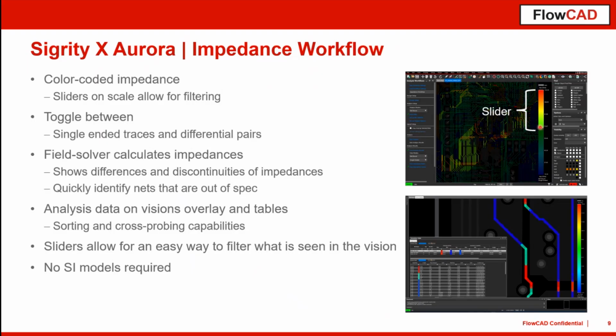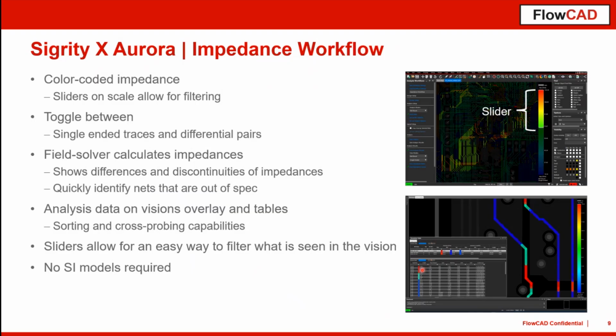That means all those impedances that are far away from your nominal impedance are shown. That makes it easy to find areas where you have a big impact of impedance mismatch. Also very nice is the table that can be sorted like an Excel table. And here we have the weakest impedances on top.